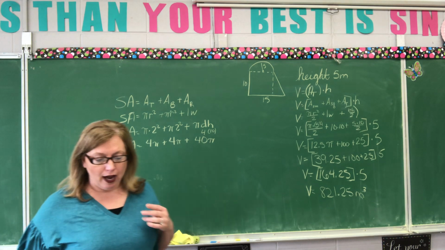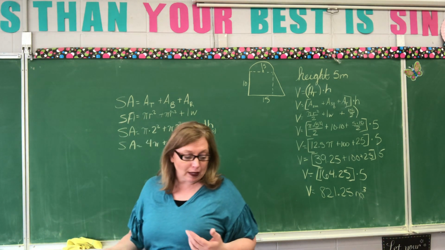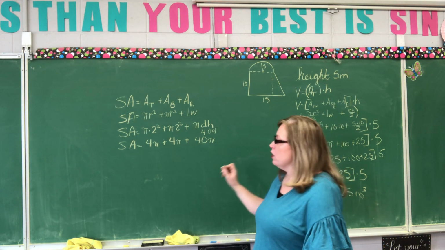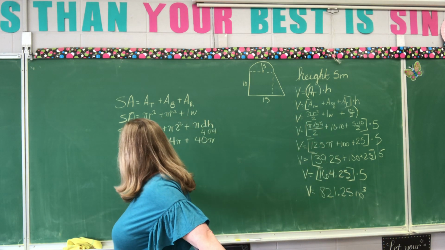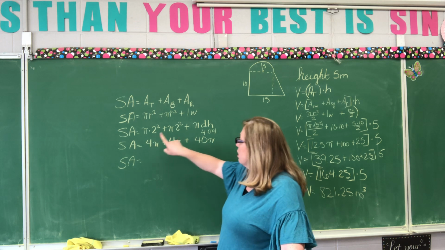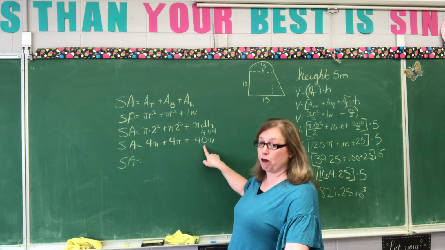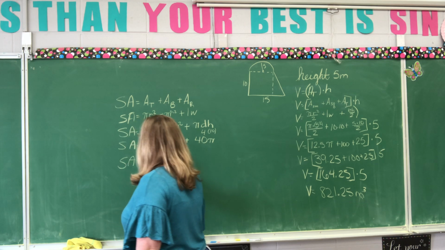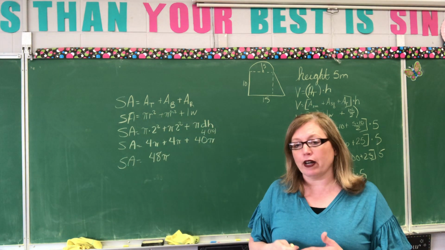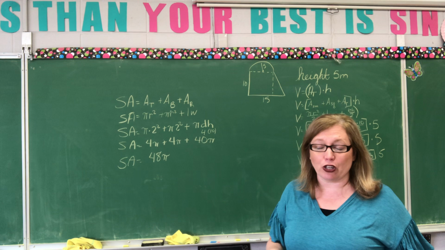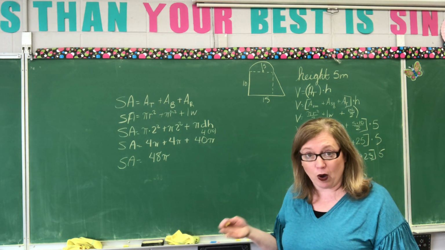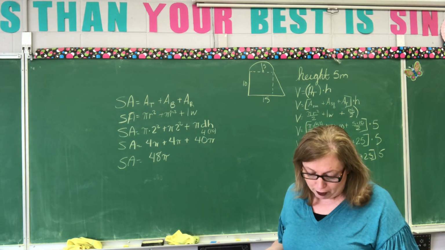Okay? Now, once I have those, what's my next step? My next step is to add them all together. So I have 4 plus 4 plus 40, giving me 48. So the surface area of this particular cylinder is 48 times pi. Again, what is pi? 3.14.